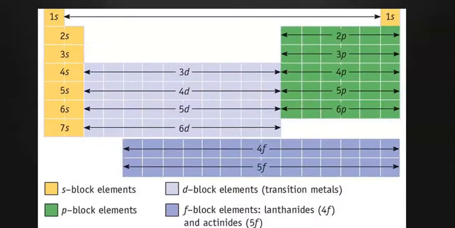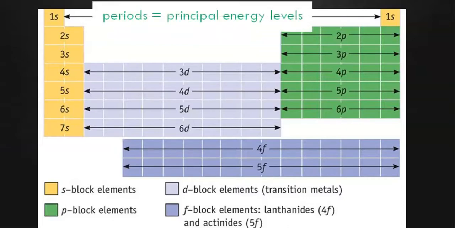Now, looking at the periodic table, the periods, or rows, represent the energy levels. So if an element is in period 3, it has 3 occupied energy levels. S, P, D, and F are the sublevels. When an electron is added in the S sublevel, it goes into an S orbital.